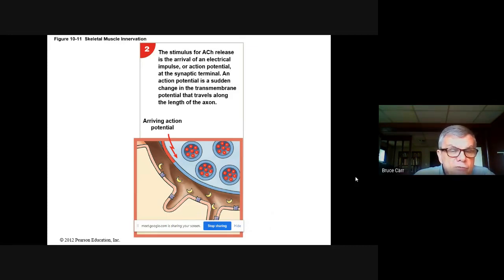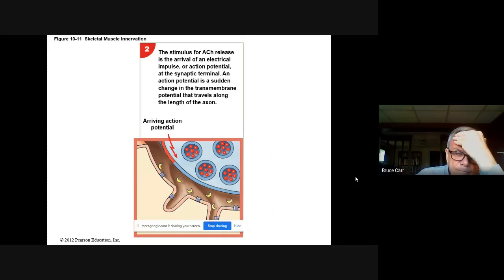When it arrives, it causes those vesicles to fuse with the presynaptic membrane and dump their neurotransmitter. The neurotransmitter here is called ACh. That stands for acetylcholine. It is our best understood and most studied neurotransmitter. So here it comes.